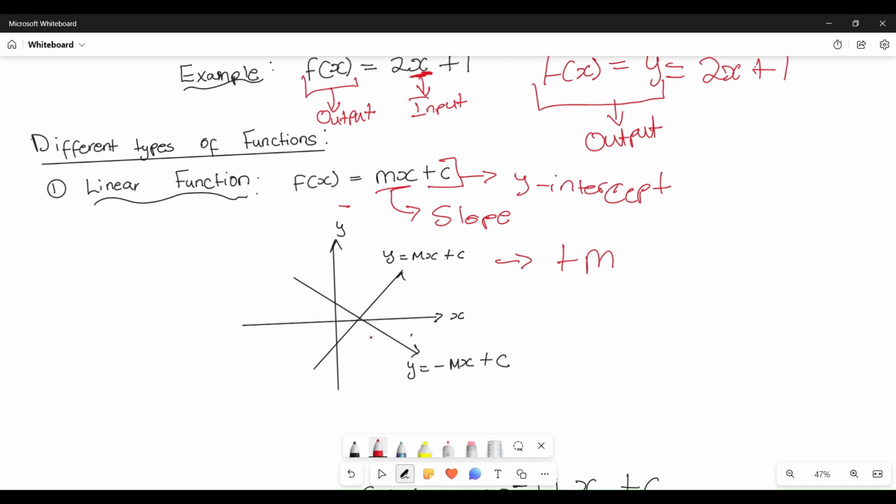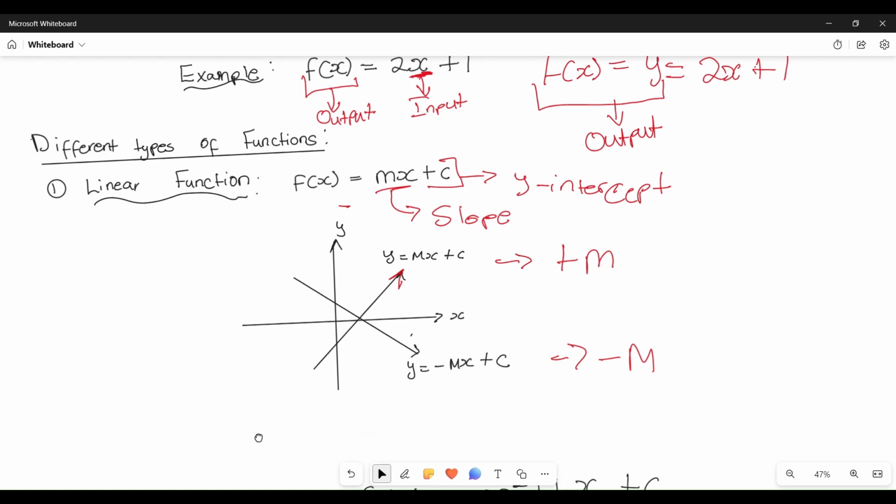If we have a positive slope, then our graph will be an increasing function, like this one. If we have a negative slope, then our graph will be a decreasing function, like this one. So that's how simple a linear function is.